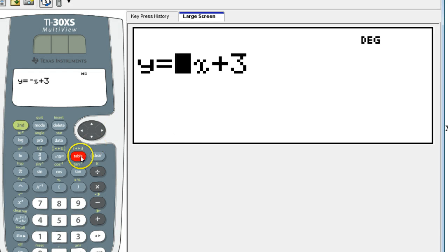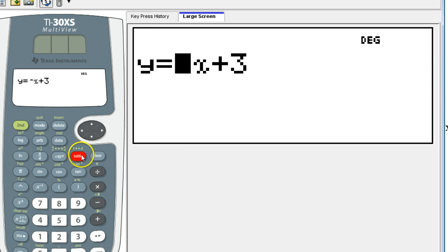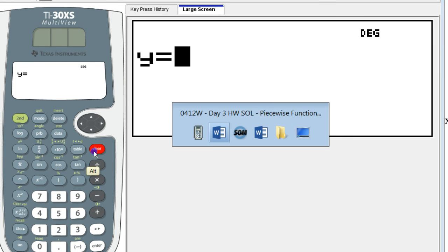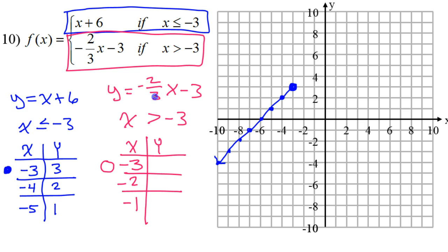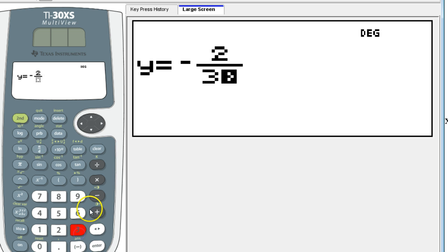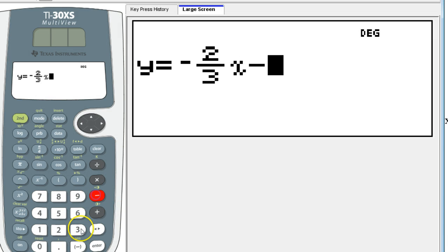Some students will have trouble because of the fractions, so let's see how you could use your TI-30XS MultiView. I'm using the table feature of my calculator here. I'm going to type this function in: negative 2 over 3 x minus 3. All right, so there's my function.